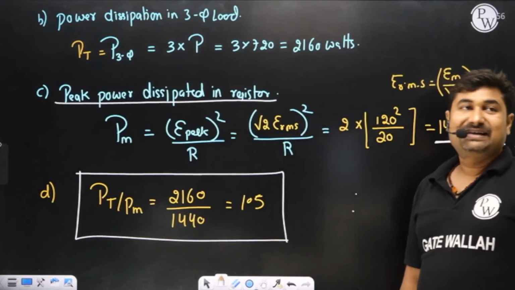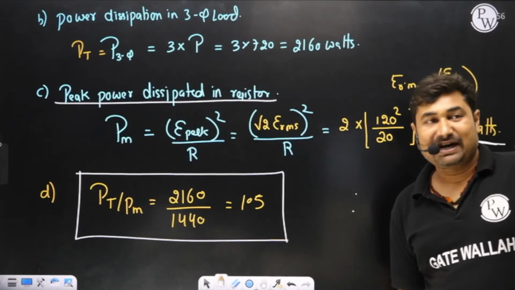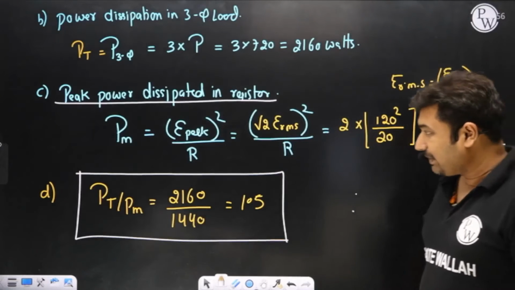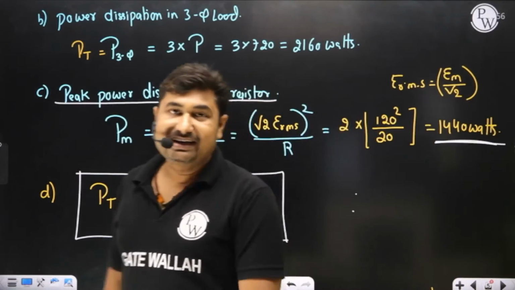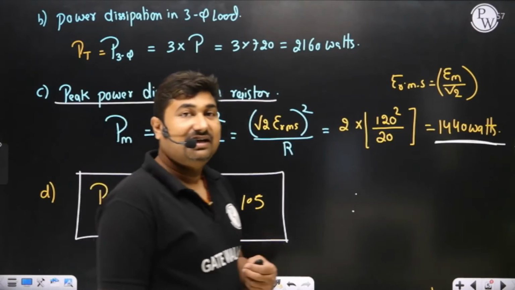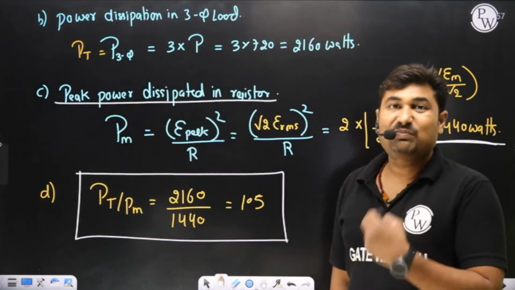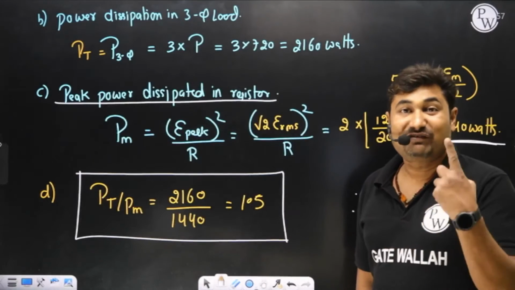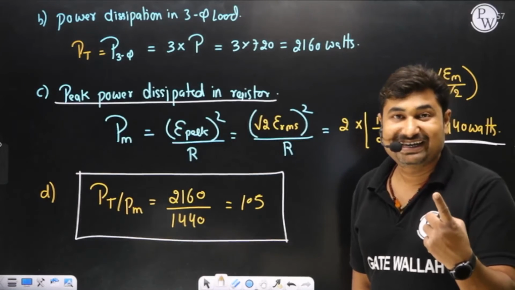So, PM is the peak power and the effective power is PT. The effective power that a three-phase synchronous generator can supply is 1.5 times the peak power.